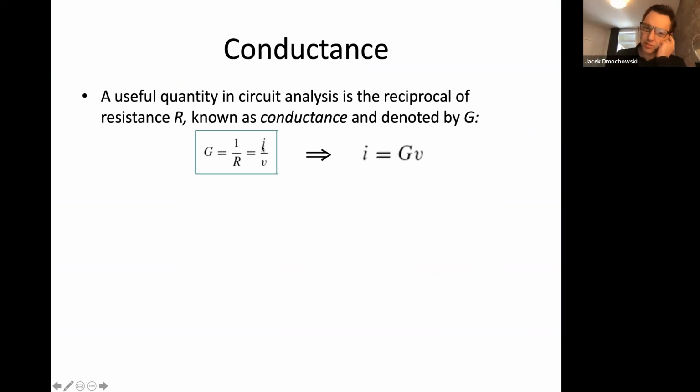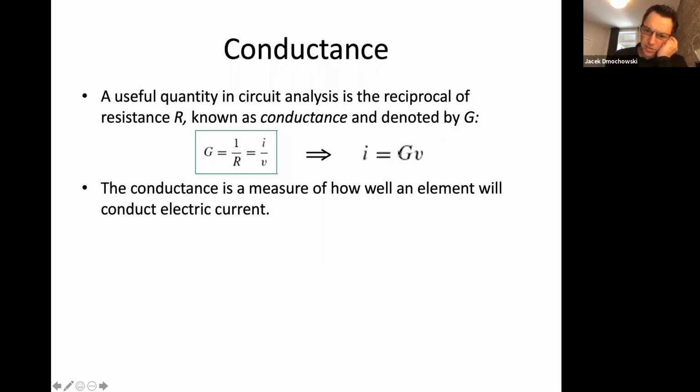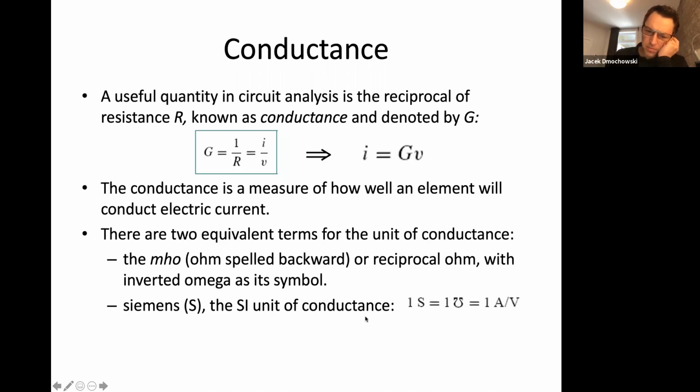It's the ratio of current to voltage instead of voltage to current, and it is denoted by the letter G. The units of G are either the mho, which is ohm spelled backwards, or the siemens, capital S. In other words, 1 S is a circuit element that passes 1 amp of current when connected to 1 volt.